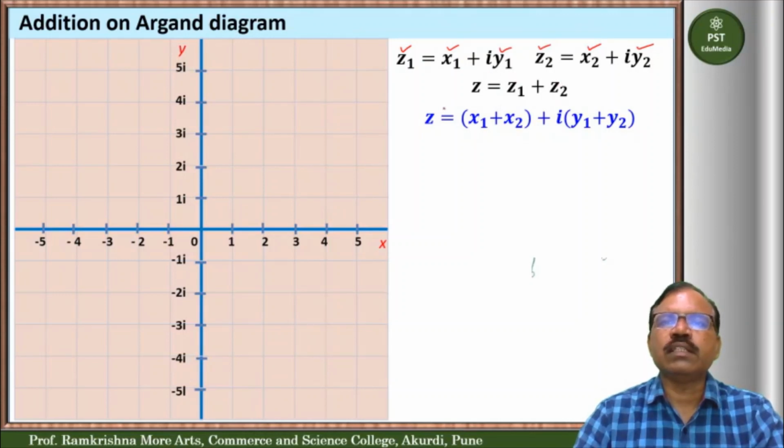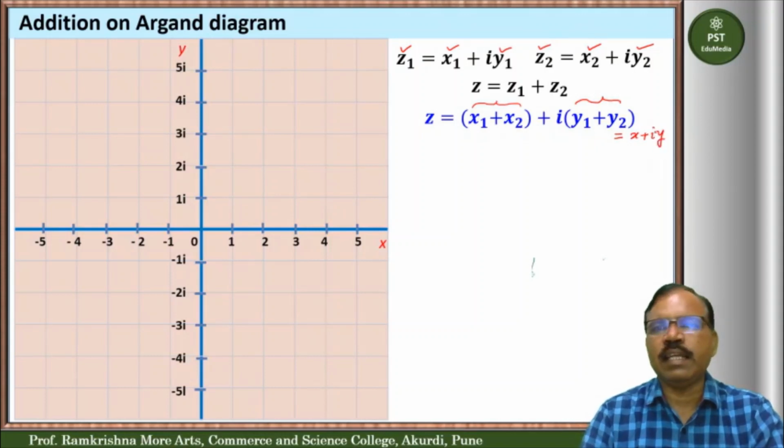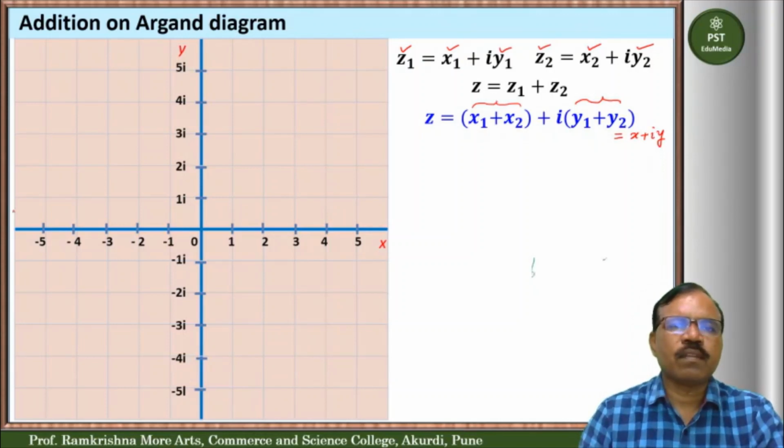Already we have seen the algebra of complex numbers, in which the real part is added to the real part and the imaginary part is added to the imaginary part. So this is also equal to x plus iy. So addition of two complex numbers is again a complex number. Now let us take this on an Argand diagram.